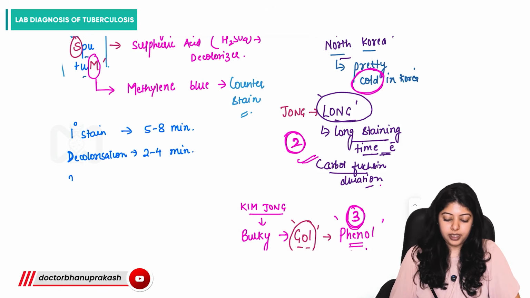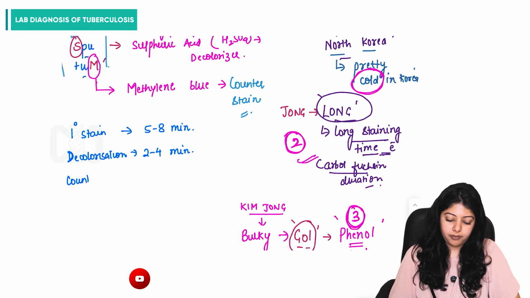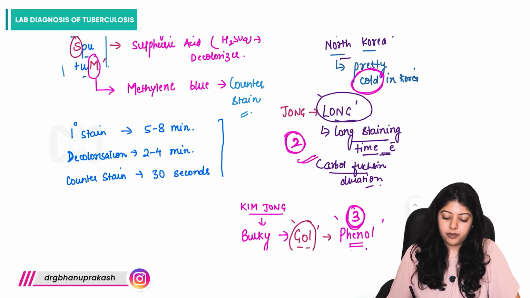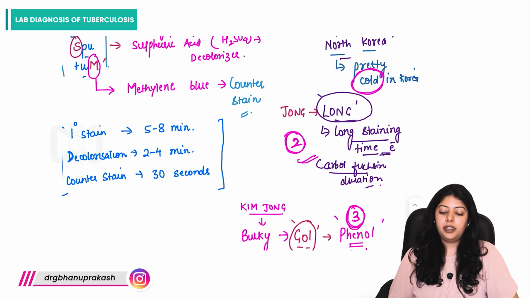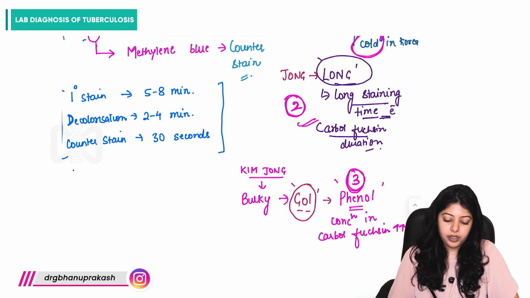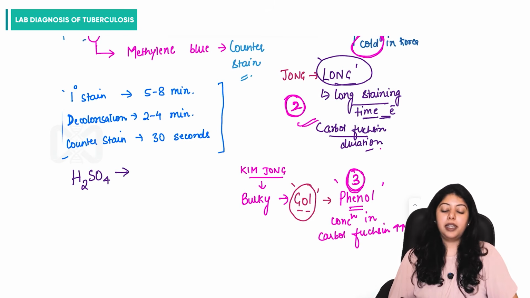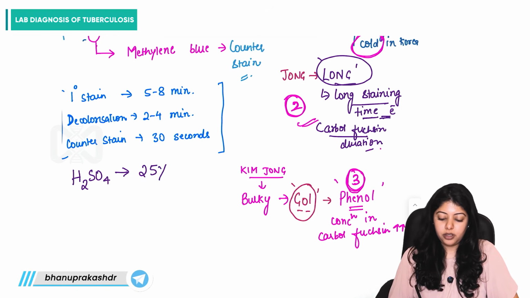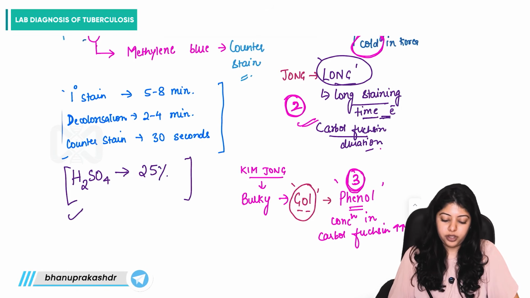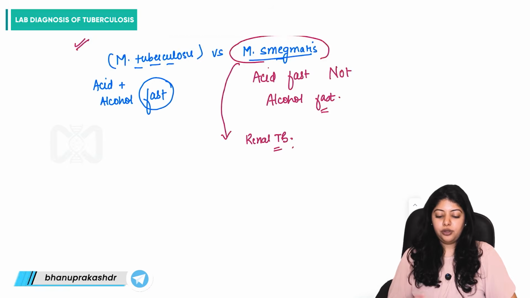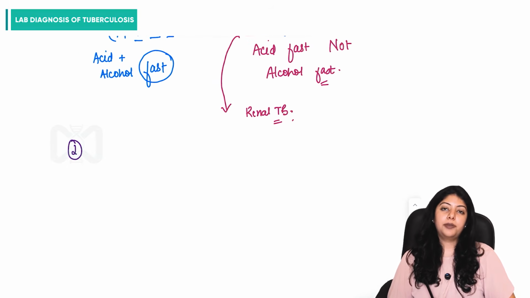And the counter stain or the secondary stain, it is for 30 seconds. These are the different durations. And also, what is the concentration of H2SO4? So NTEP says it is 25% concentration of H2SO4 which is used for ZN staining method. One thing.